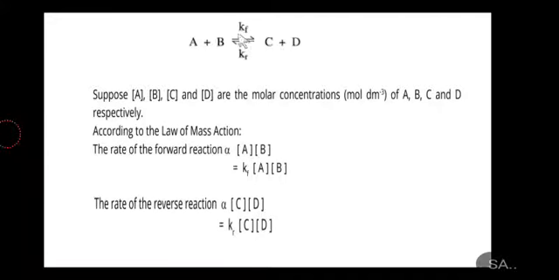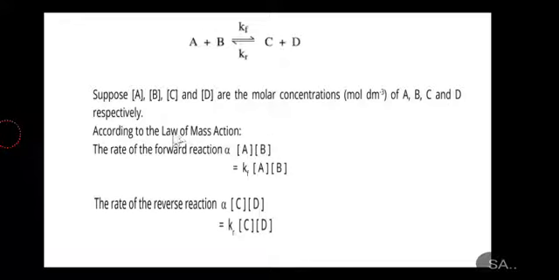Kf stands for the rate constant of the forward reaction, while Kr represents the rate constant of the reverse reaction. Inside square brackets, I just enclosed A, B, C and D. So they are the molar concentrations of A, B, C and D.